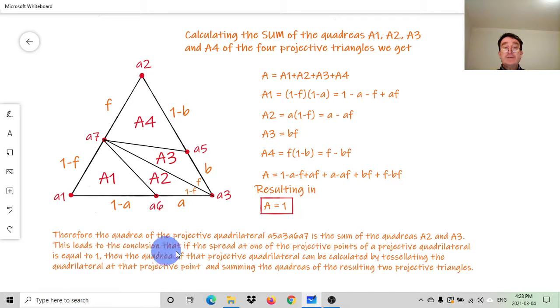And this leads to the conclusion that if the spread at one of the projective points in a projective quadrilateral is equal to 1, then the quadria of the projective quadrilateral can be calculated by tessellating the quadrilateral at the projective point and summing the quadrias of the resulting two projective triangles. So we tessellated the quadrilateral at this point by putting this line in, and then we can just sum the quadria of the two projective triangles.